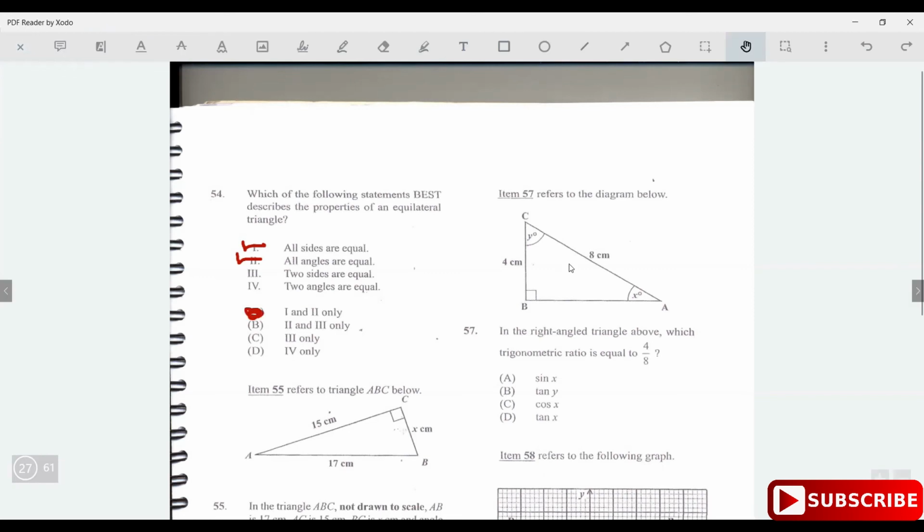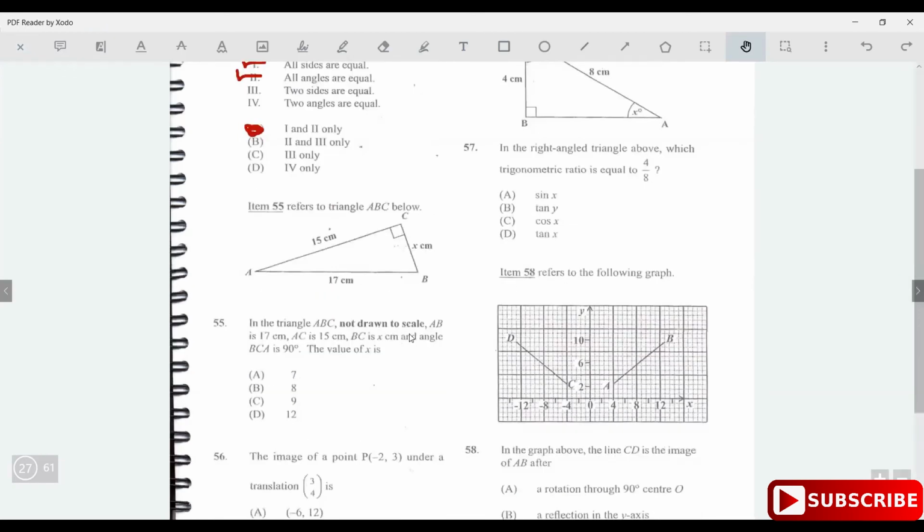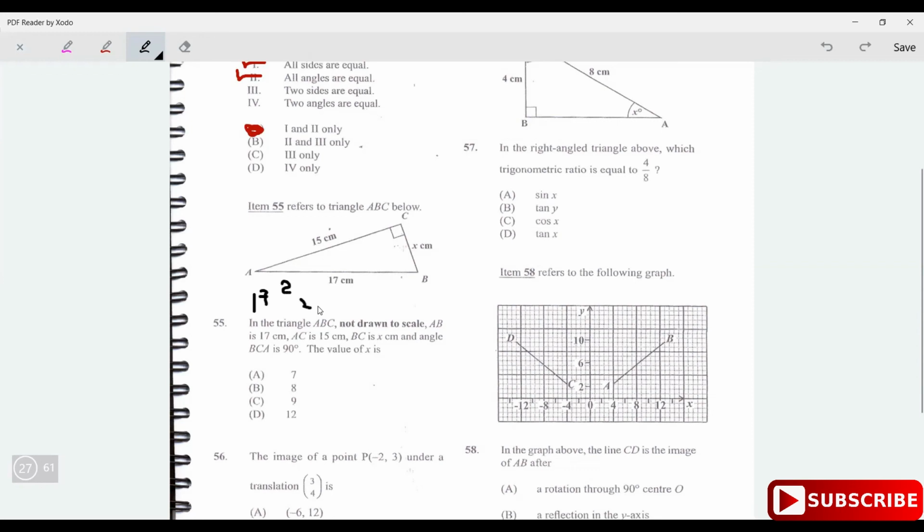Question 55. In the triangle ABC, not drawn to scale, AB is 17 centimeters, BC is 15, and we don't know X. Find the value of X given that it's a right angle triangle. Since it's a right angle triangle, we can use Pythagoras' theorem: the hypotenuse squared, 17 squared, is equal to 15 squared plus x squared.